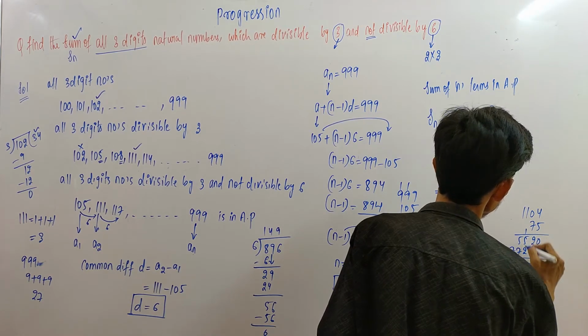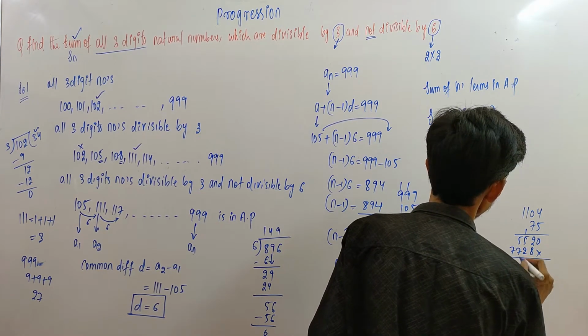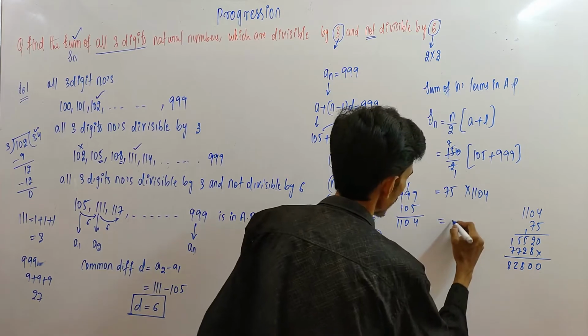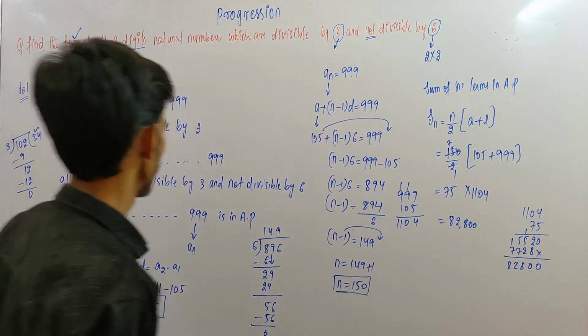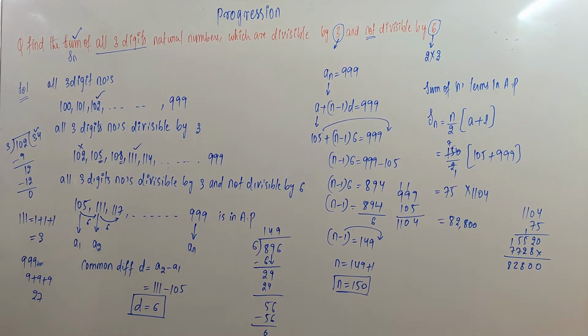So we have 82,800 is the sum of numbers that are divisible by 3 and not divisible by 6. This is the answer.